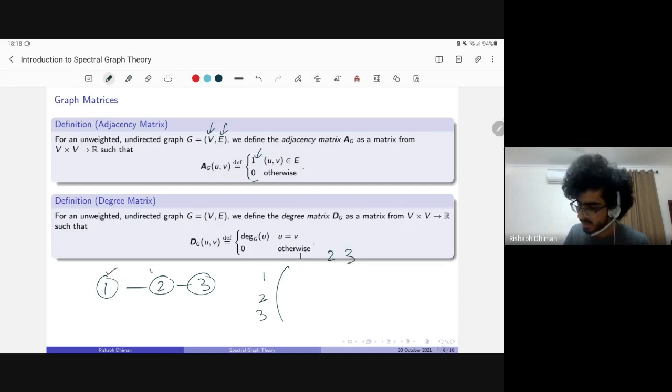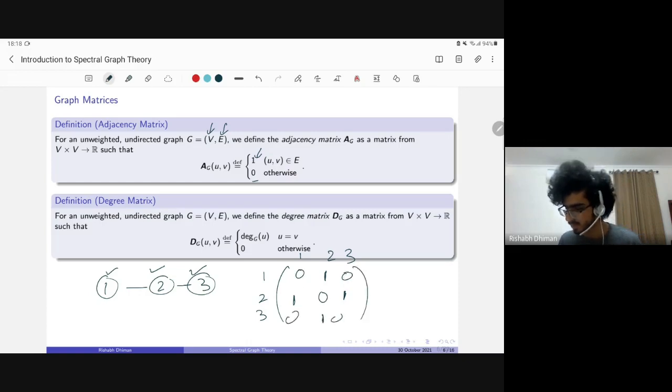Then 1 and 2 are joined, so you'll have a 1 here. 2 and 3 are joined, so you'll have a 1 here. And again, 2 and 1 are joined, so you'll have a 1 here. 3 and 2 are joined, you'll have 1 here. And the rest of the values will be 0. So this is what you call the adjacency matrix of the graph.